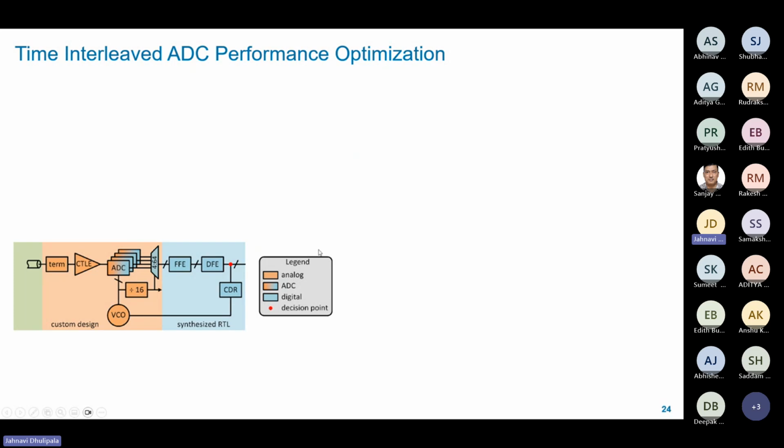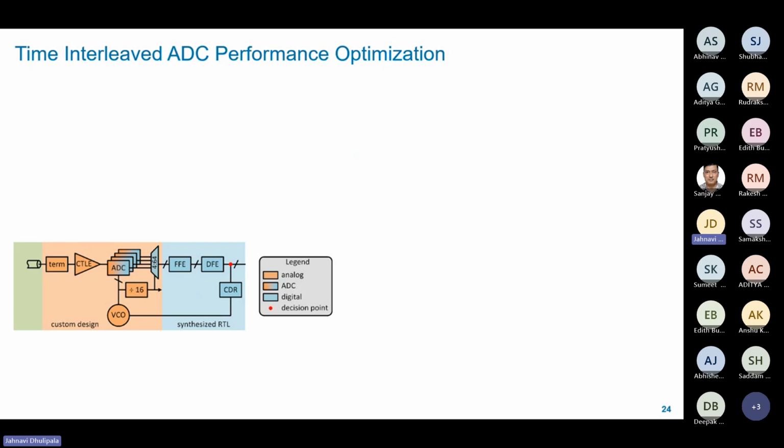Nowadays, we go with very high-speed data rates, and this has moved the architecture of many serial systems to use analog to digital converters. However, the data rate is so fast and so high that a single flash ADC is not sufficient. For this reason, this type of architecture frequently uses time interleaved ADCs.